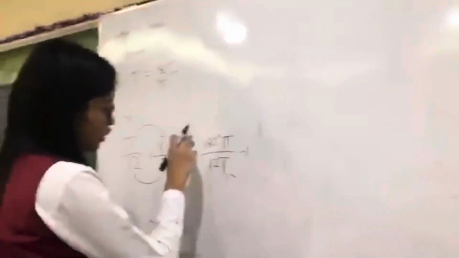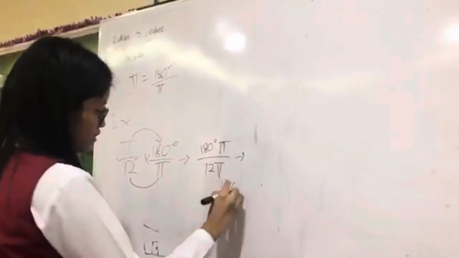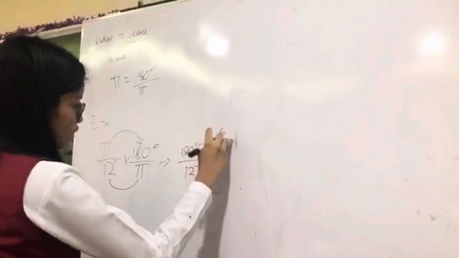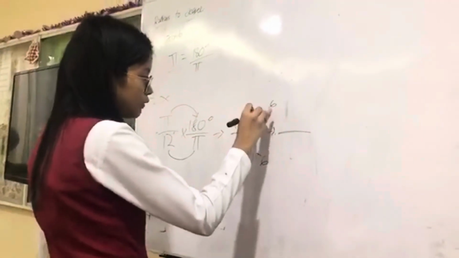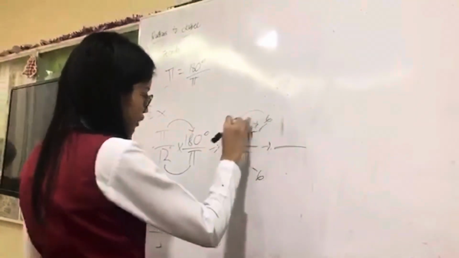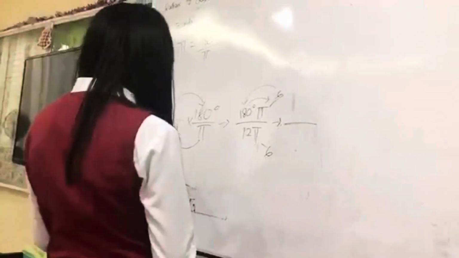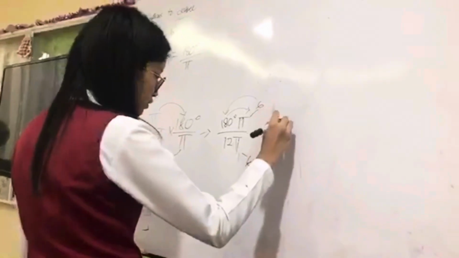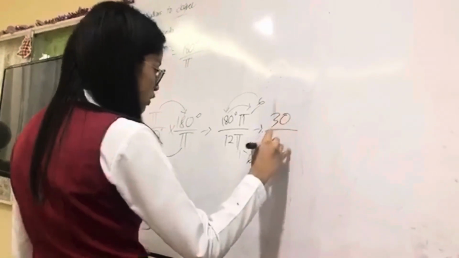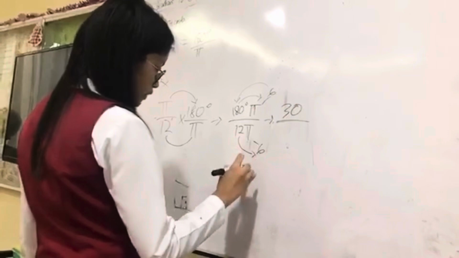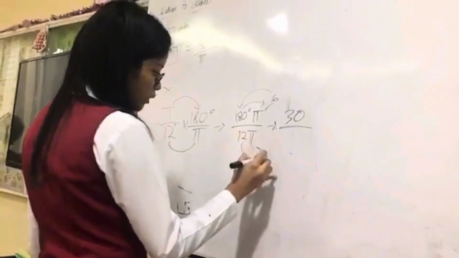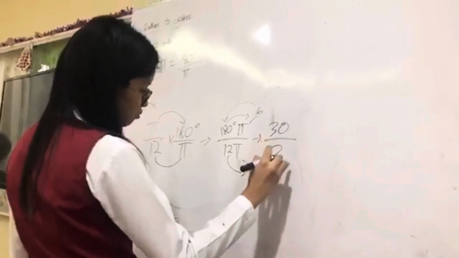The LCD of 180 and 12 is 6. Then divide the numerator by the LCD and divide the denominator by the LCD as well. 180 divided by 6 is equal to 30. And also divide in here: 12 divided by 6 is equal to 2.